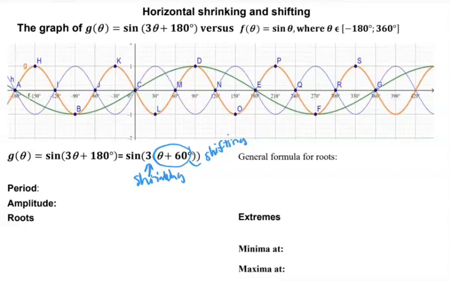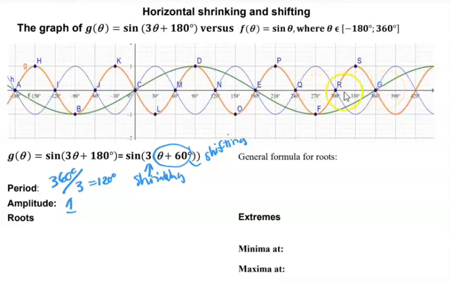So the period in this case is 360 degrees divided by 3, which is 120 degrees. My amplitude stays exactly the same, and the roots, as you can see, there are now many roots. So in one period of sine, we have now C, M, N, E, Q, R, G.